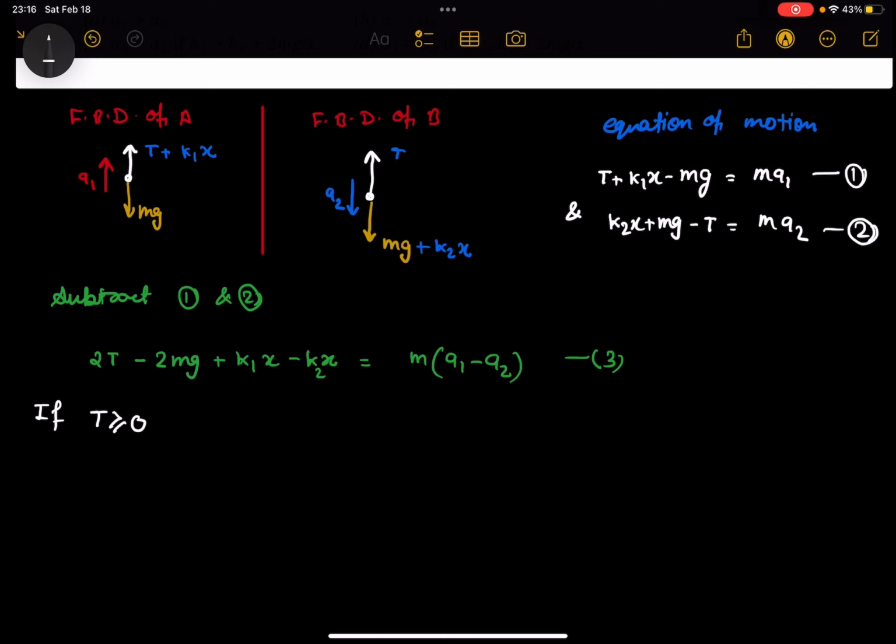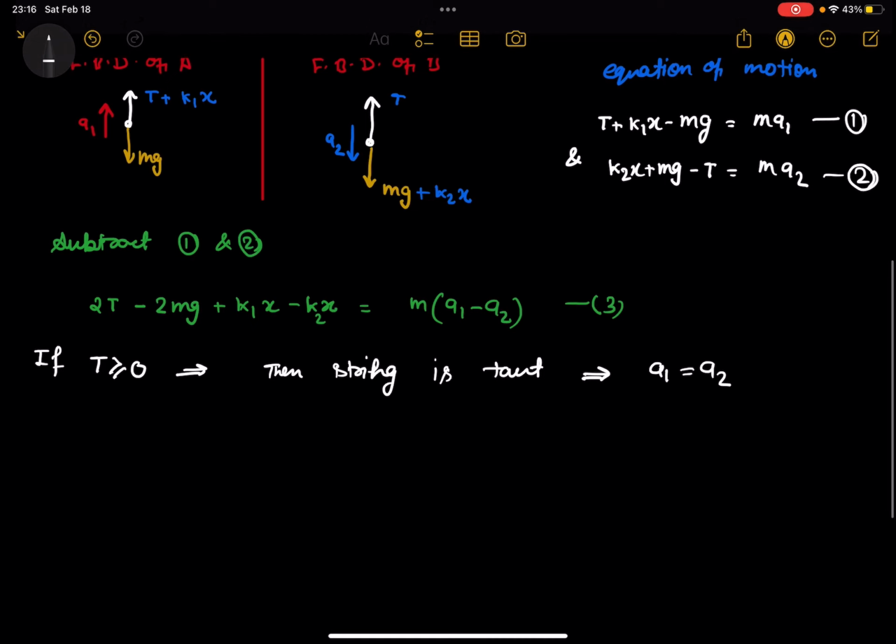If T is greater than 0, the string is taut; otherwise the string is slack. If the string is taut, then acceleration a1 equals a2, so the right side of equation 3 is 0.